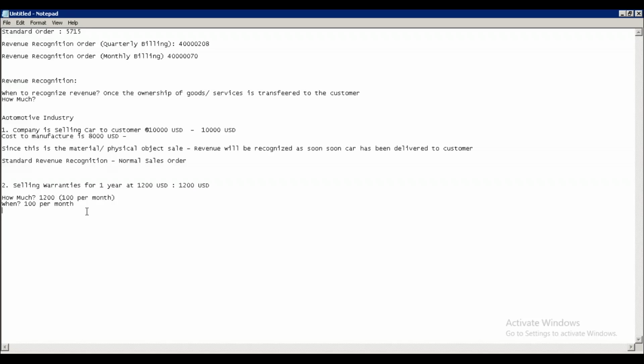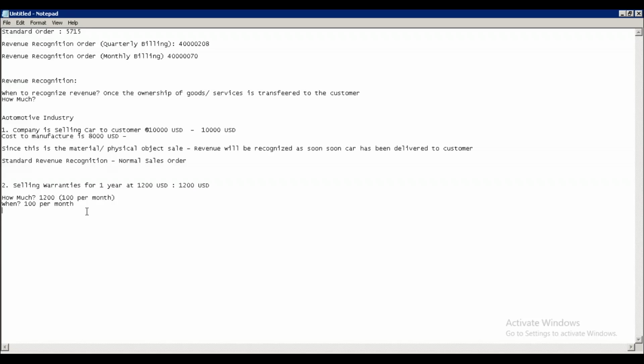So we will just tell the system that we have a service contract with this customer at this price, which is valid for 1 year. And then the system should be capable of automatically calculating how much revenue should be recognized per month. Not only calculation, it should also be capable of posting this amount at every periodic reporting, at every period end, right?